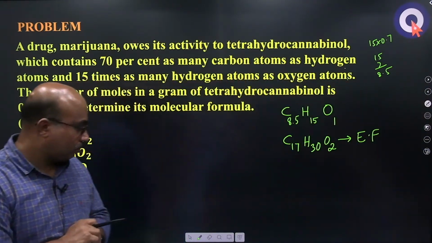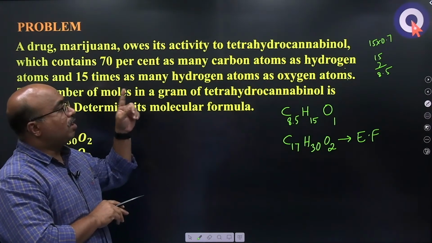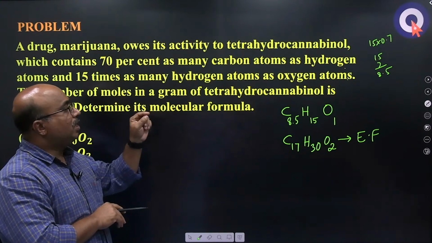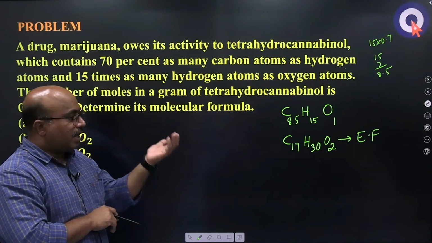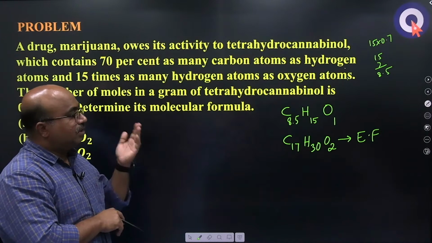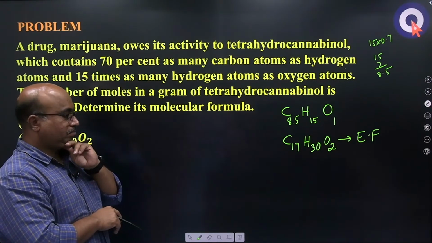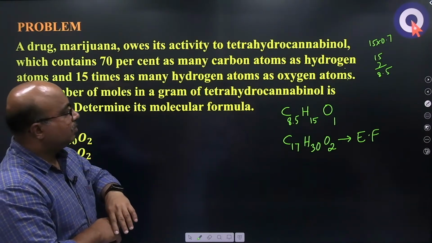Okay. 70% of carbon atoms as hydrogens, 15 times hydrogen atoms as oxygens. So if you take oxygen as 1, hydrogen should become 15, then carbon should become 70% of that 15. Clear? Sorry, one minute.